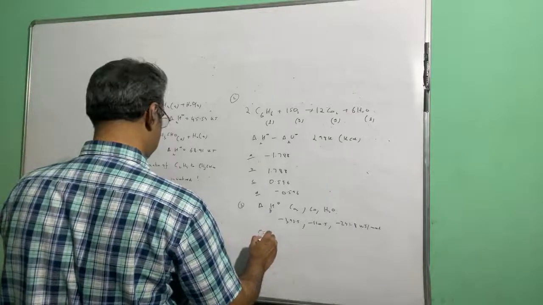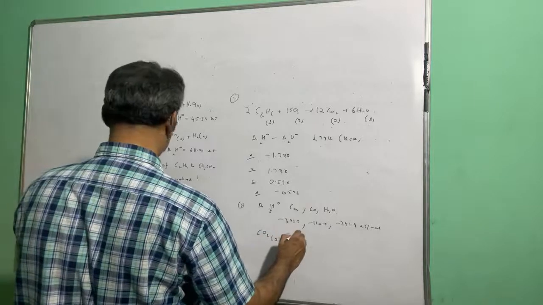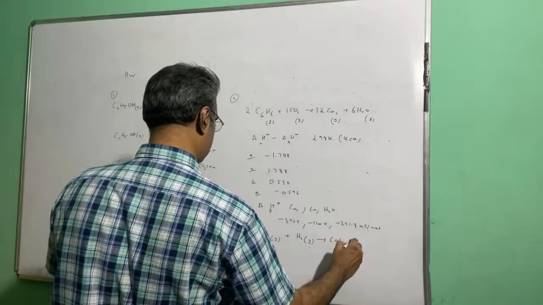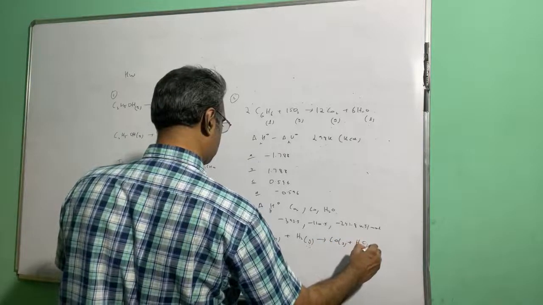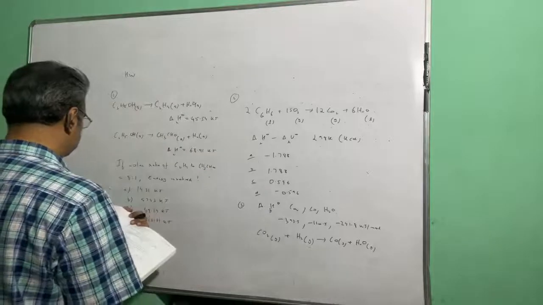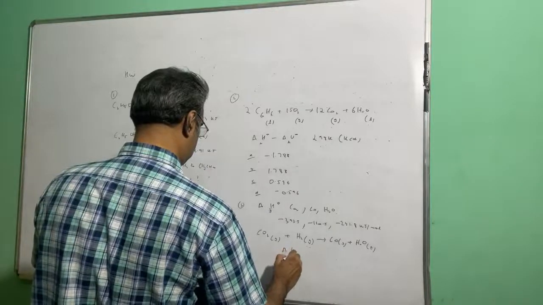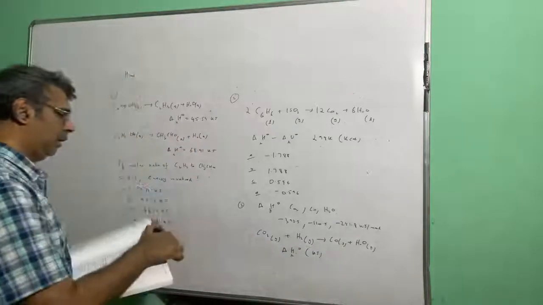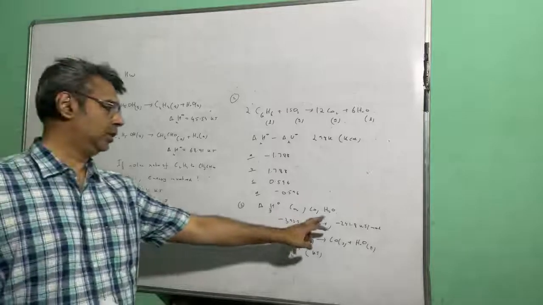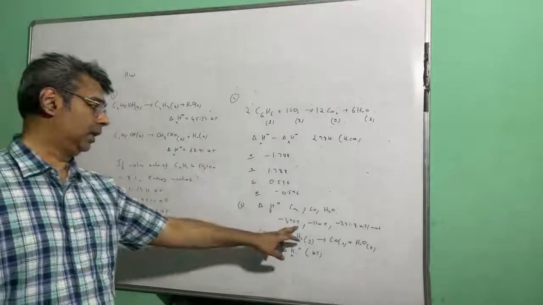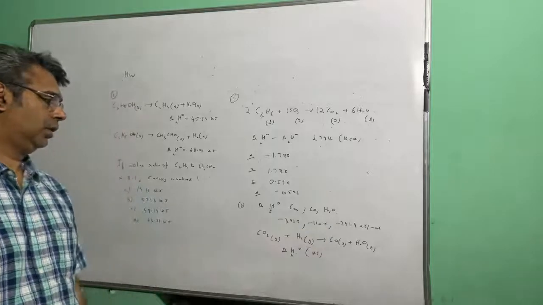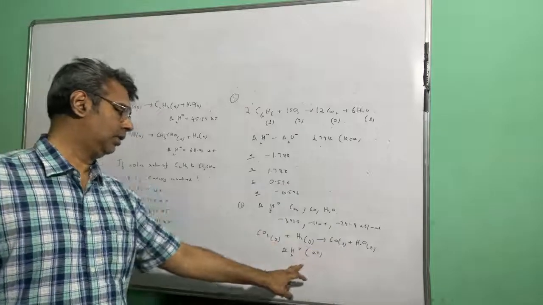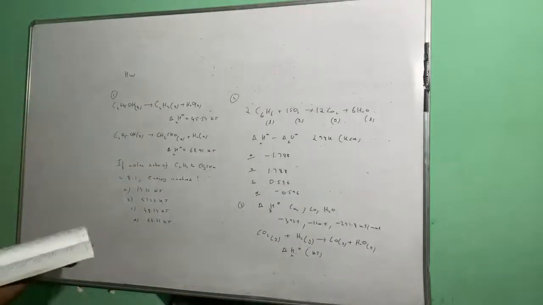So using this data, you have to find the heat of this reaction in kilojoule. CO2 plus H2 is CO plus H2O. You have to find the heat of this reaction in kilojoule. This is question number 3.